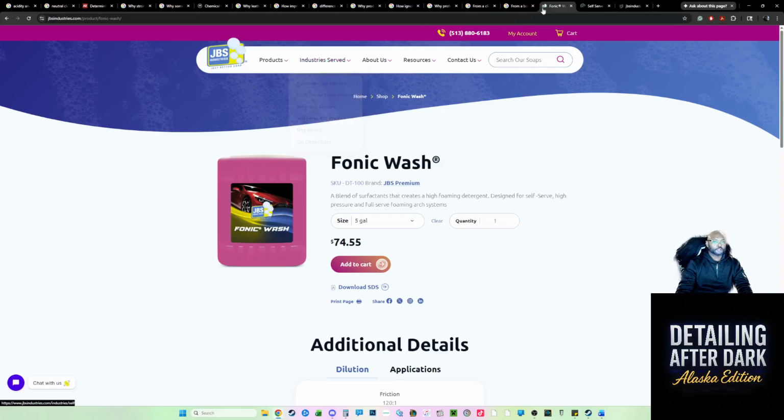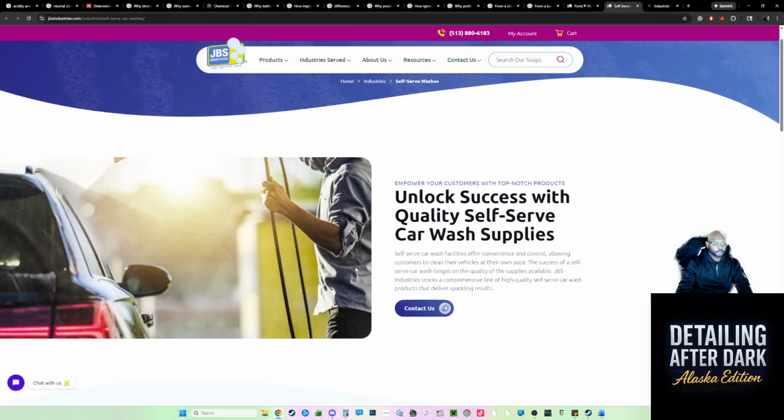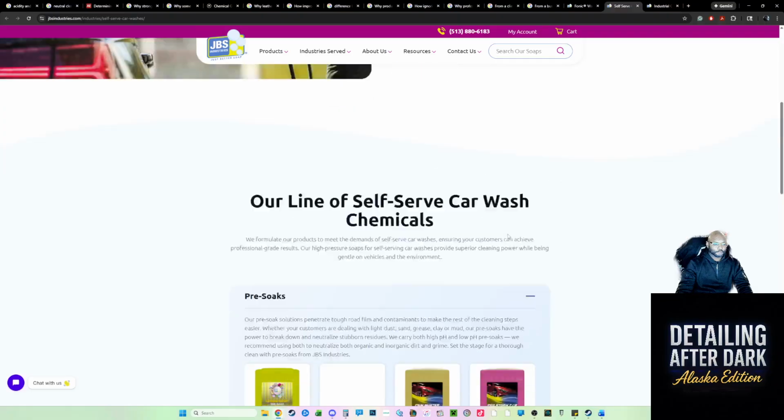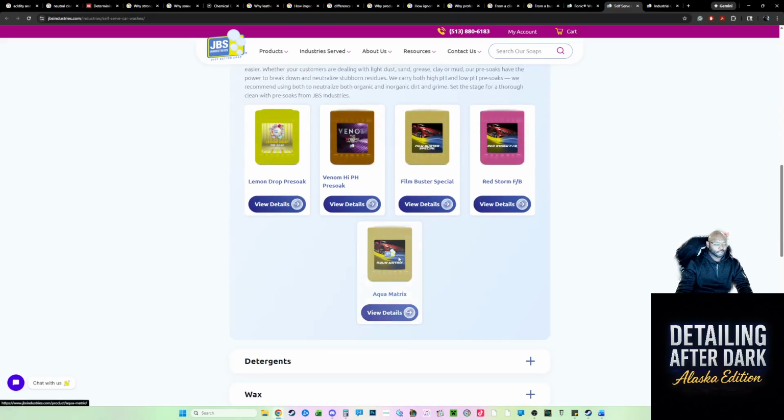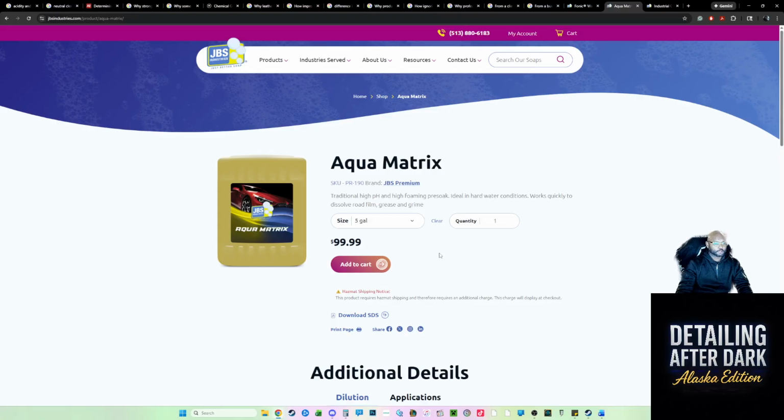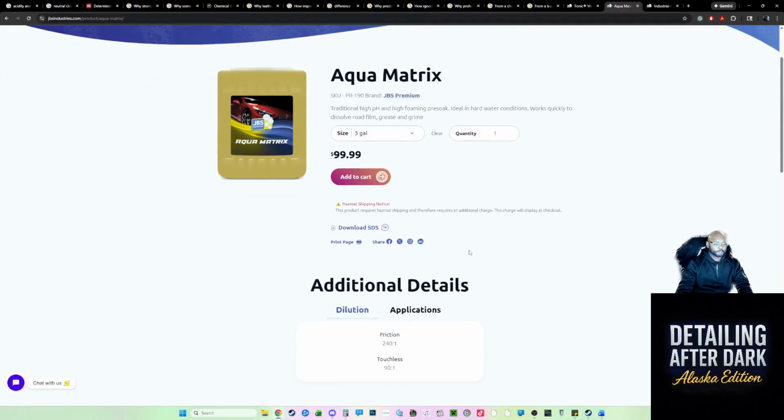Yeah, self-serve industrial washes. Film buster. Hard water, worst quick, it is all road film, grease, and grime. So 1 to 90, 5 gallons. It tells you the application for this.